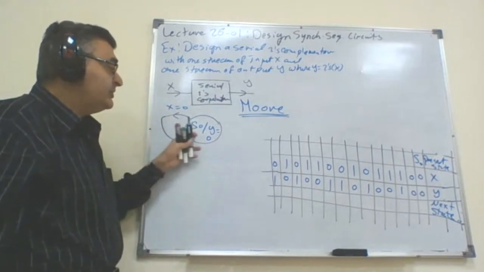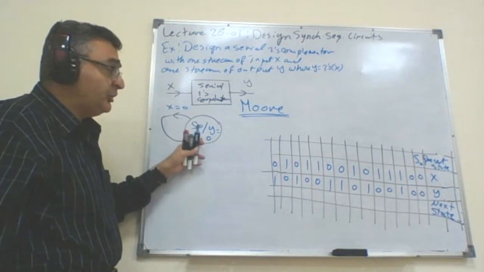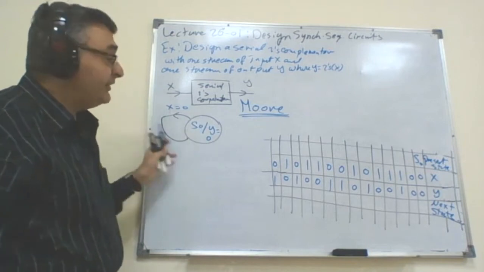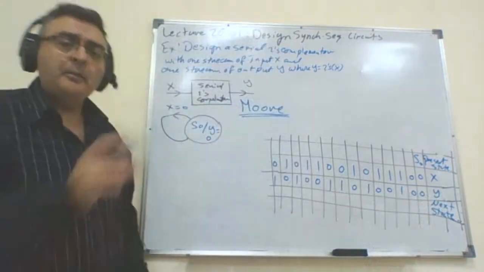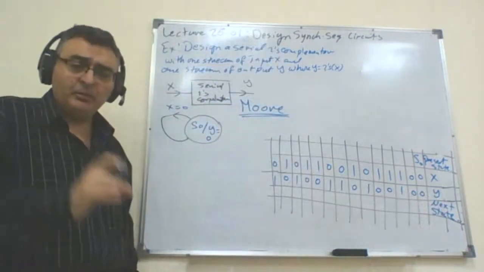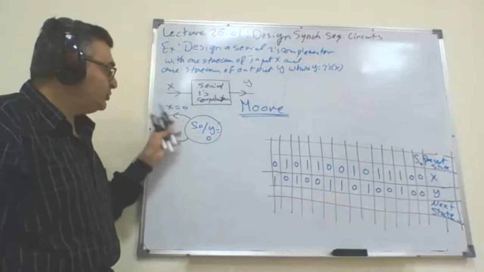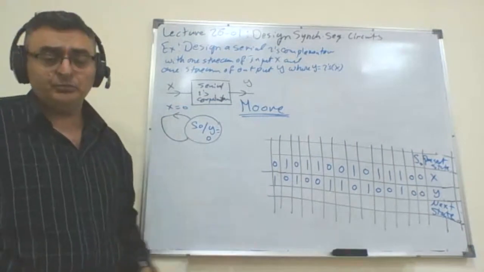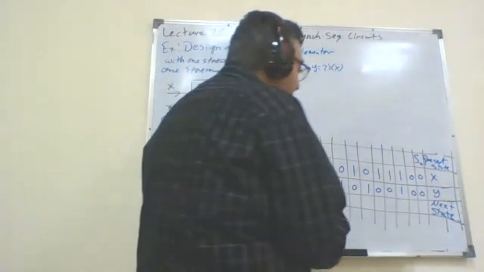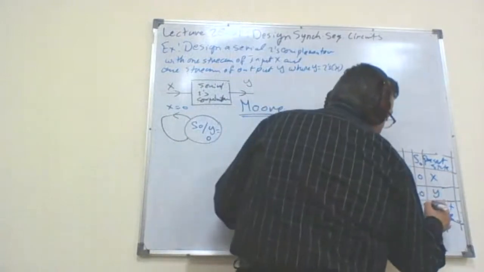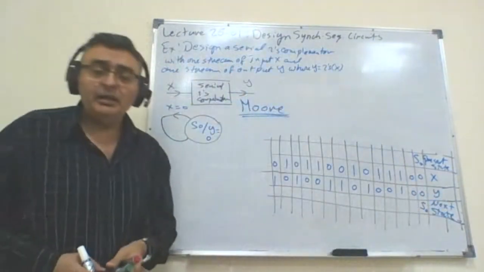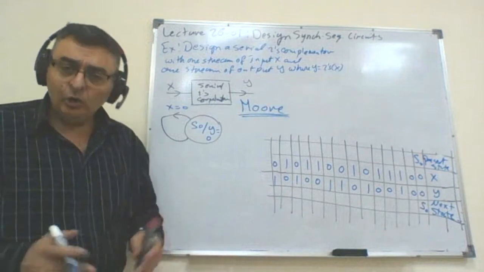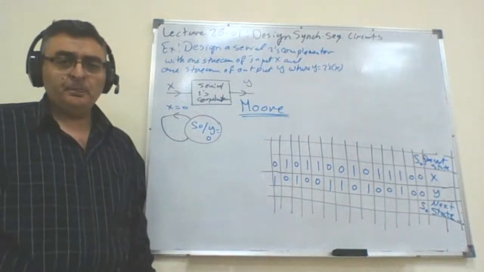This state defines Y equals 0. So is this the expected output? Yes, it is the expected output. Based on the 2's complementer, if X equals 0, Y will stay 0. So there is no problem for me to just stay, with the next state also S0.